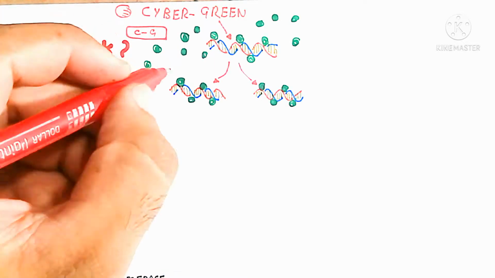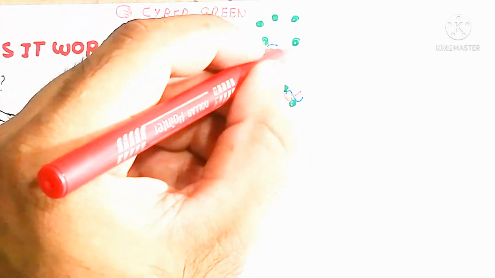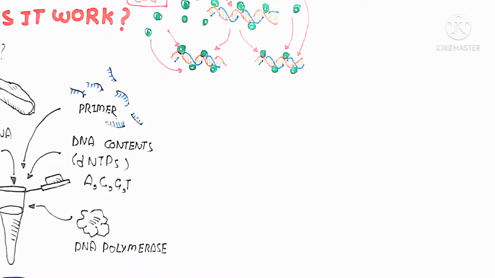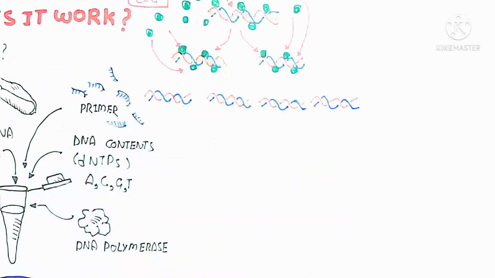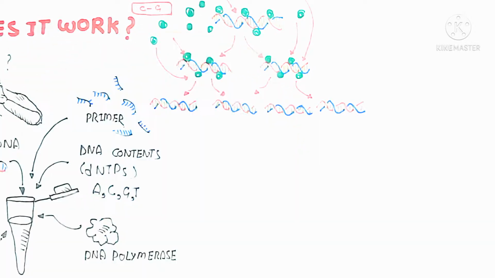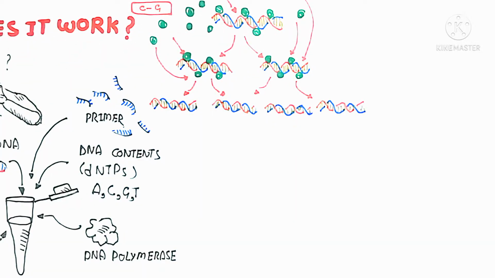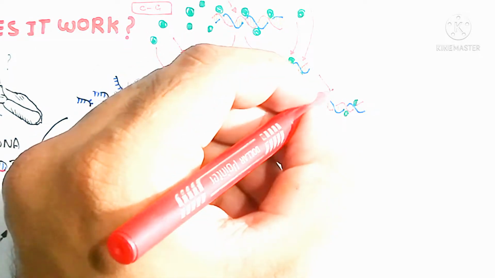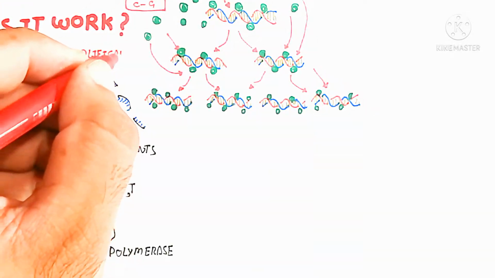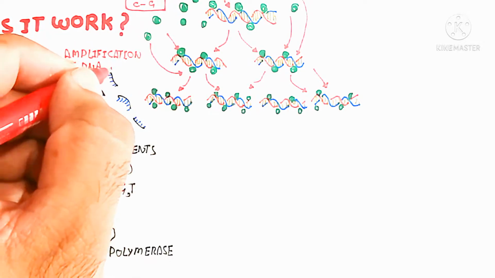SYBR Green is the non-specific detector which produces the green color. Here is the DNA, and SYBR Green attaches at the minor groove site. There are more and more SYBR Green molecules present, but they will bind when amplification increases.